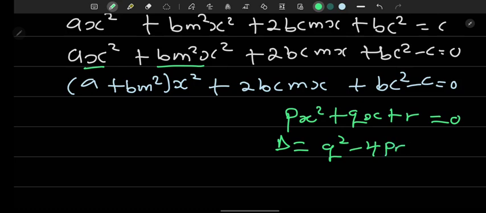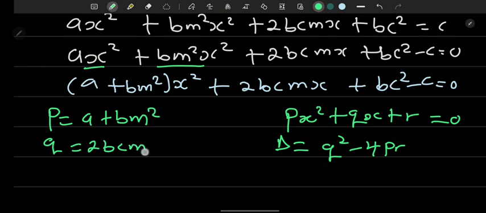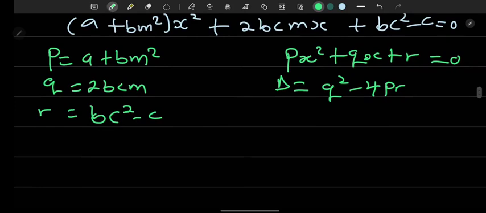So compare what you have here with this. You have p to be a plus bm squared, q is 2bcm, and r, which is the constant, is bc squared minus c. So what we do is substitute the values of p, q, r in the discriminant, and equate that to 0 since the line is tangent to the curve.